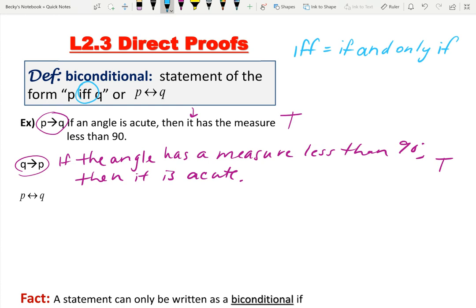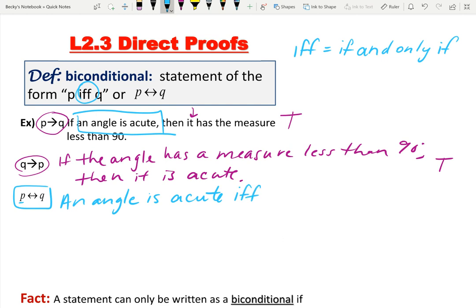So the way that we're going to do this is we're going to go back to the original, because this is our new form. It says we start with the P. We write all the information that is the P. So we're going to say an angle is acute. Now, we're going to use the new notation, IFF, if and only if, and I don't care, I've seen it both ways, all uppercase, all lowercase. You can make the I up or the F's lower. We all understand what it means.